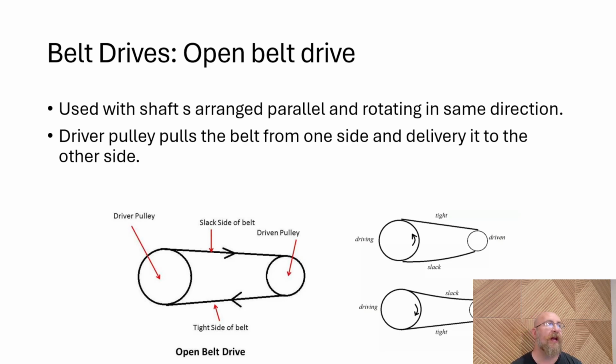So if you're orienting this vertically like you see it on the screen here, gravity could cause the slack side to hit the tight side. Whereas if you have it driven the way that is shown on the top, you will see that the slack side is free to sag as much as it needs to, and it won't ever collide with the tight side.